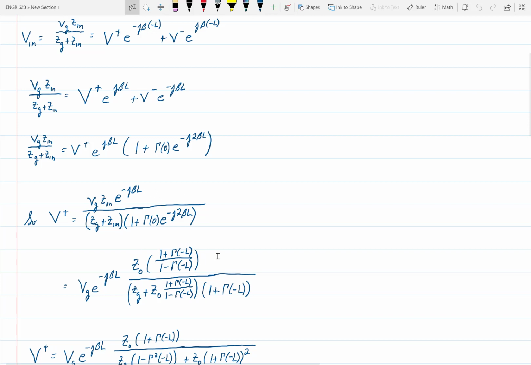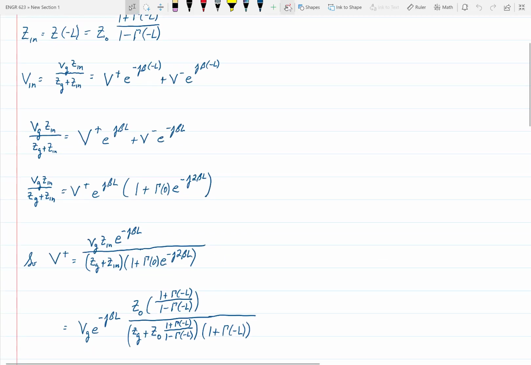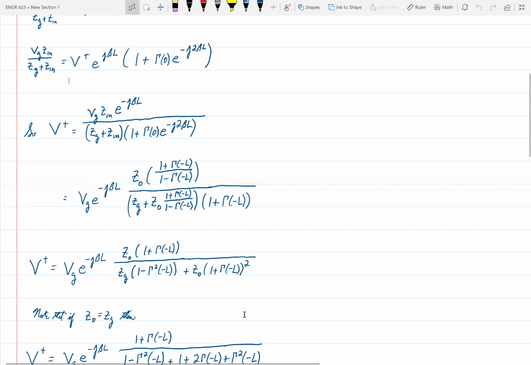Now let's see. Notice that in going from this equation to this equation, we have substituted for Zn. Remember, we began this problem by solving for Zn. Well, now we finally use what we found there and plug in here.